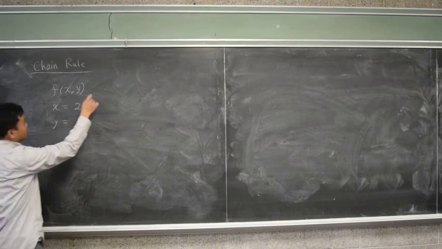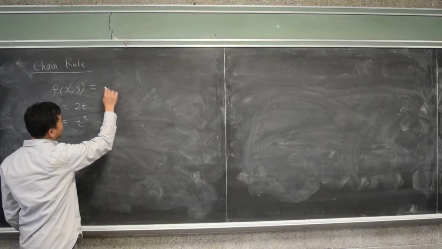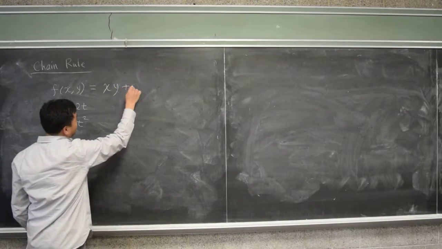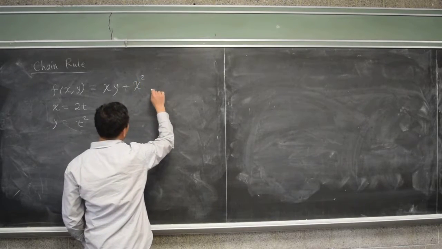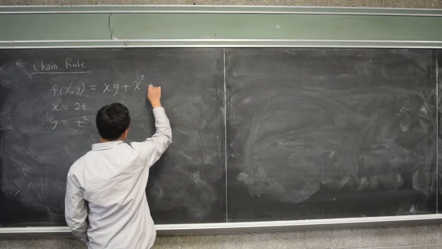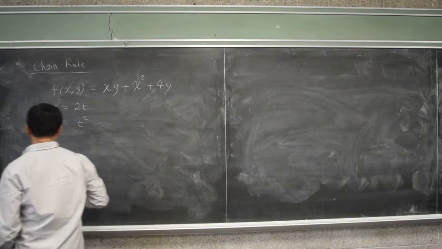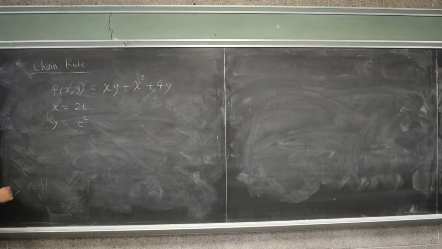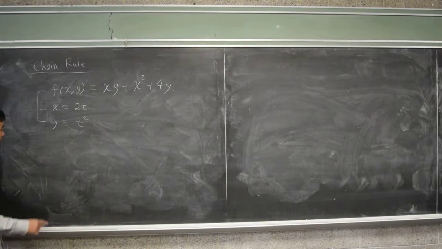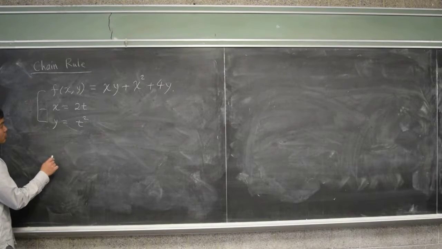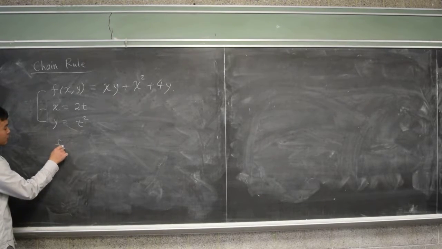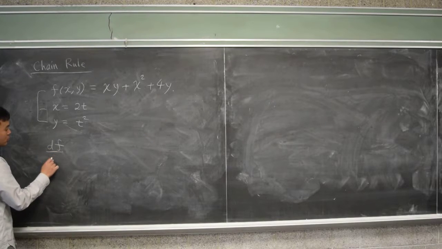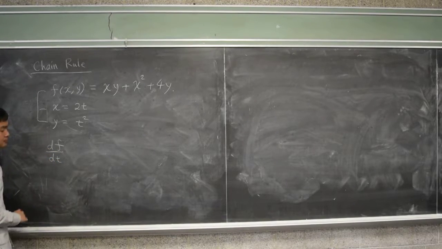And let's say f of x, y is something like xy plus x squared plus 4. In this situation, what I want to know is how f changes when I change the value of t.